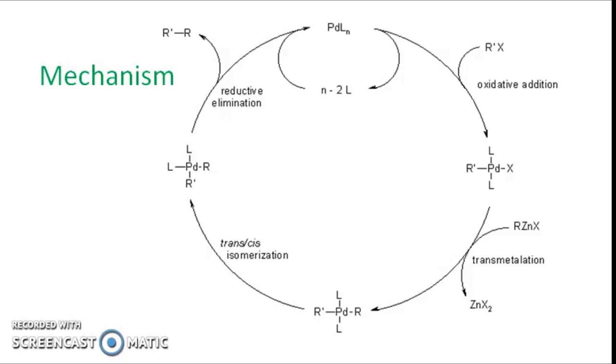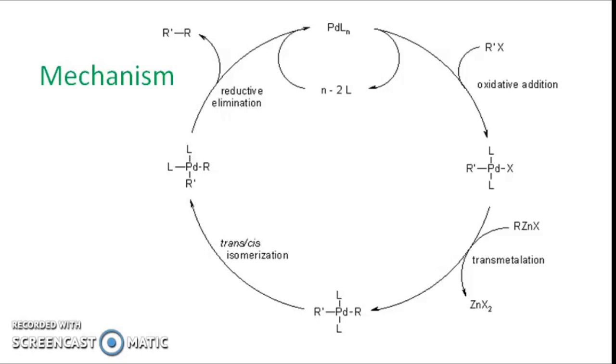That's a disadvantage of Negishi coupling. But this disadvantage is overcome by the advantage that the organozinc compound is highly reactive, environment friendly and less toxic. So this finds use mainly in natural product chemistry.